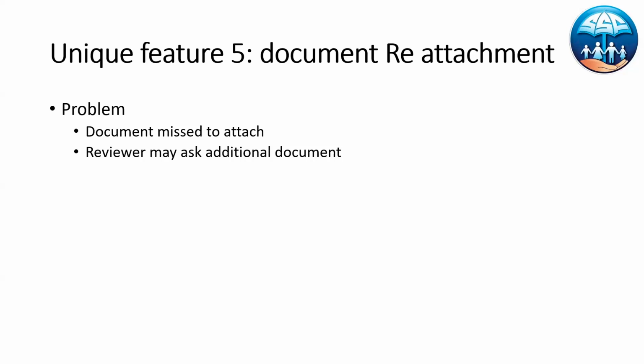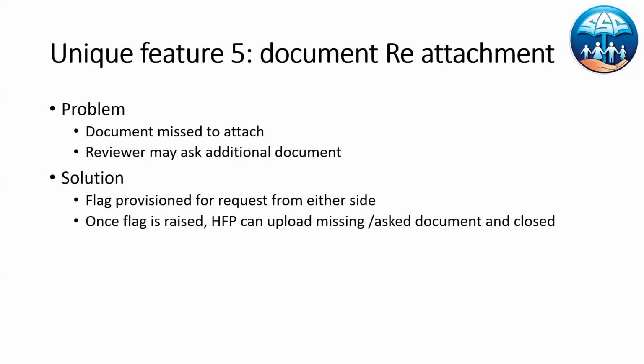In our old system we did not have the feature to reattach documents, but now we have made changes in OpenEMIS so that there is a flag for requesting additional documents from either side, whether from the reviewer side or from the health facility provider side. Once the flag is raised, the health facility provider can upload the missing or requested document. Once it has been uploaded, the flag will be closed. This process can be repeated any number of times.